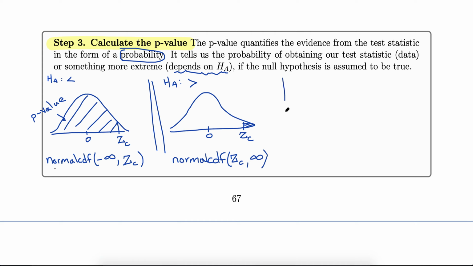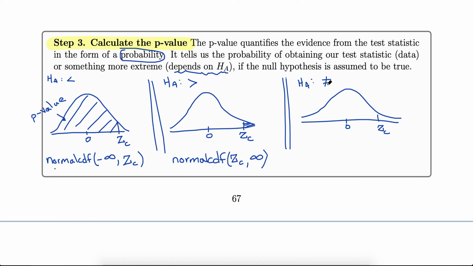All right, we had one last option for our research question, and that was HA is not equal to. We're going to start off with that same picture. Here's my bell curve. Here's my test statistic, z-calc.